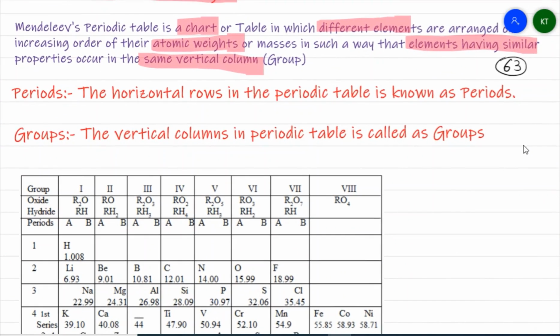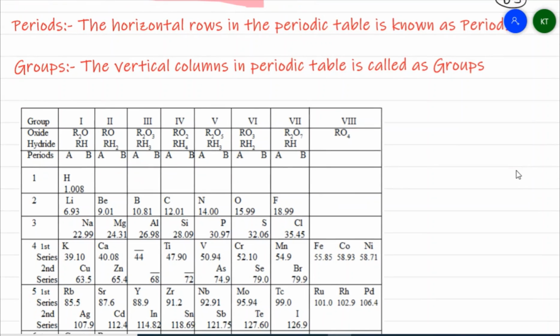Now there are terms which you are going to come across in Mendeleev's periodic table very frequently. The very first term is a period. What are periods? A horizontal row in Mendeleev's periodic table is called a period. Then we come across a group. What are groups?